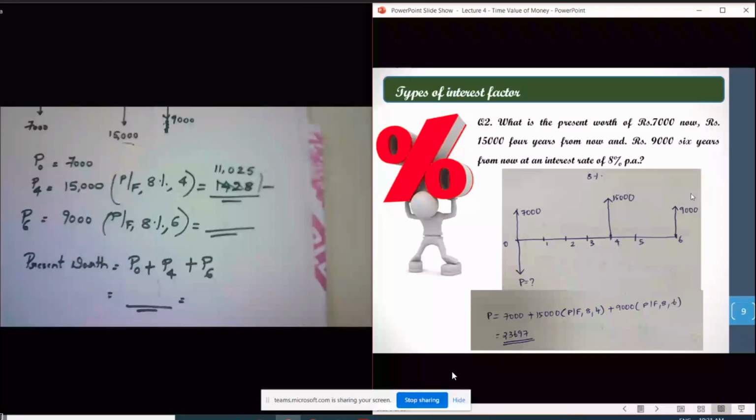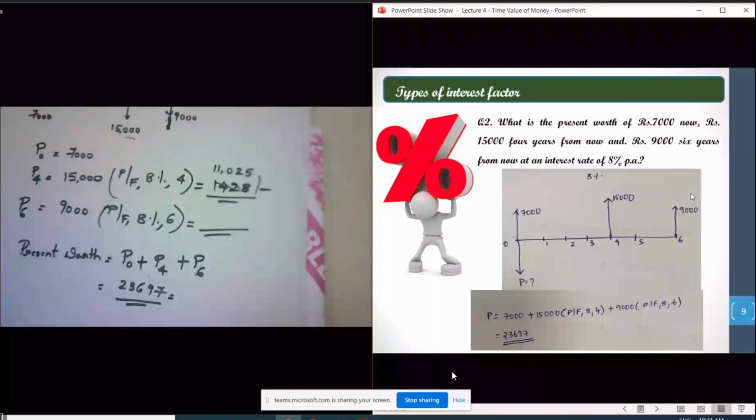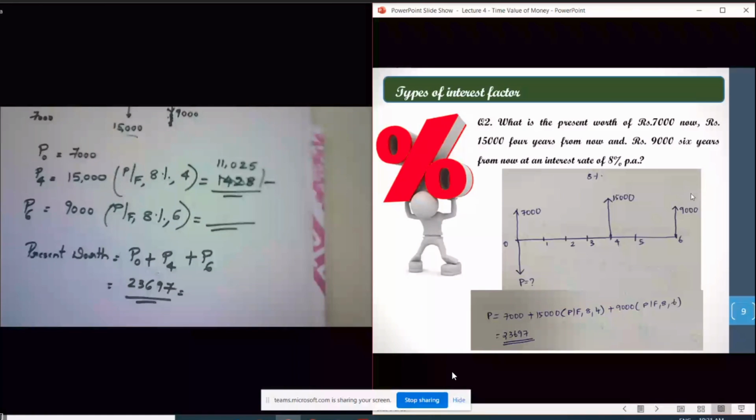So what is the value? Whether you have used the formula to calculate it? Yes, sir. Same amount we are getting. Same amount. Okay, then there is no problem. So you have 23,697. Okay. So this is the second numerical.